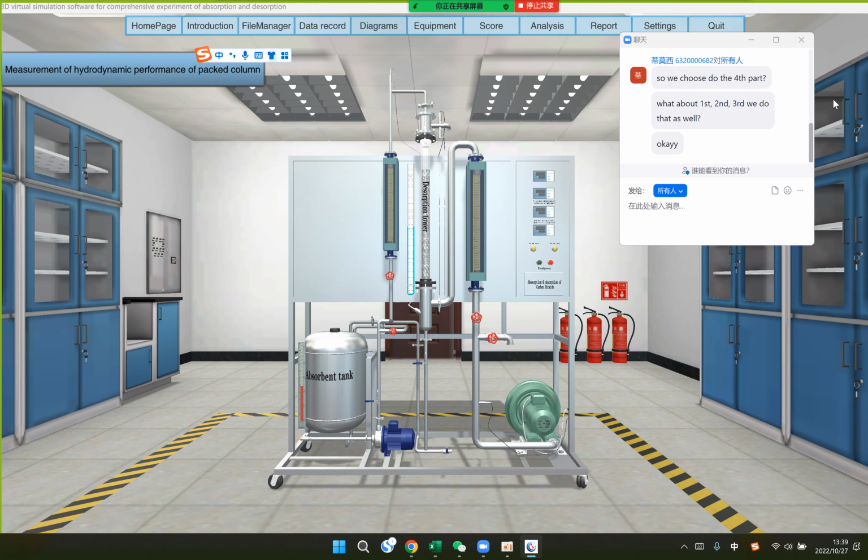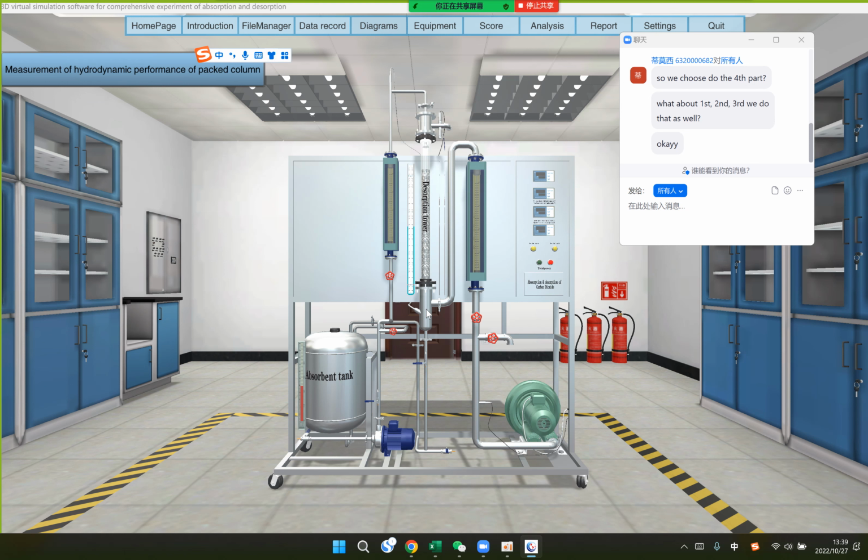And before that, for every kind of chemical device, it must have some appropriate operation condition. Like in this case, the gas moves from the bottom to the top, and the liquid moves from the top to the bottom.